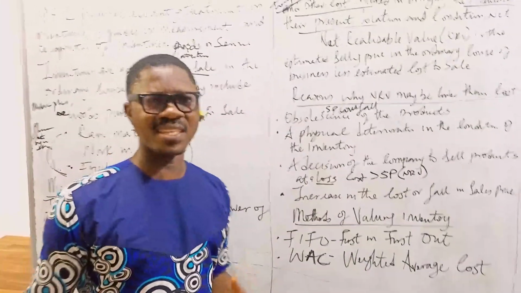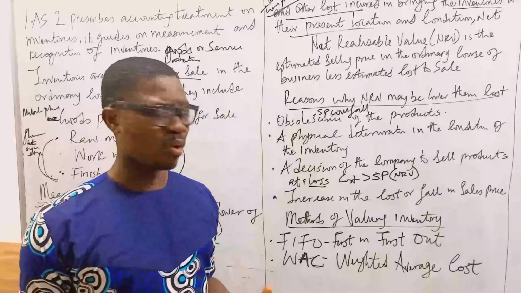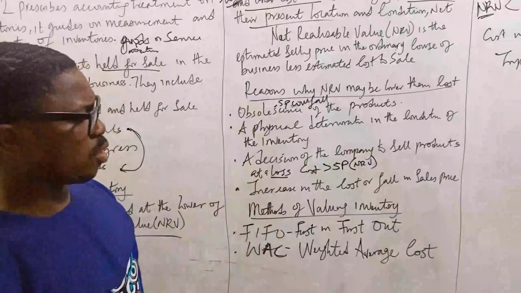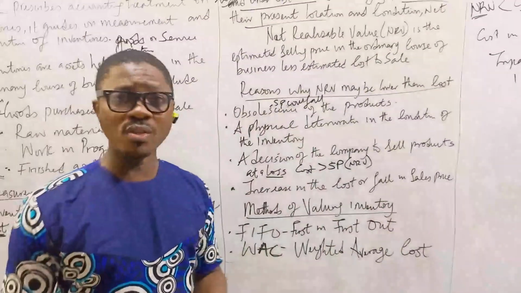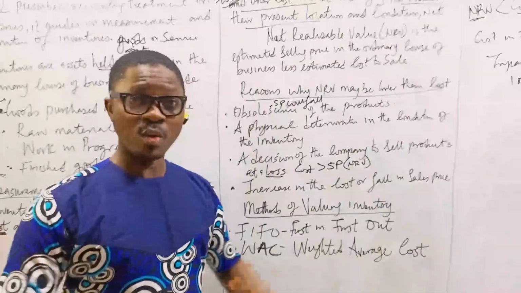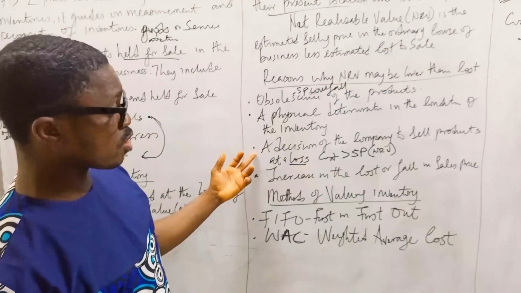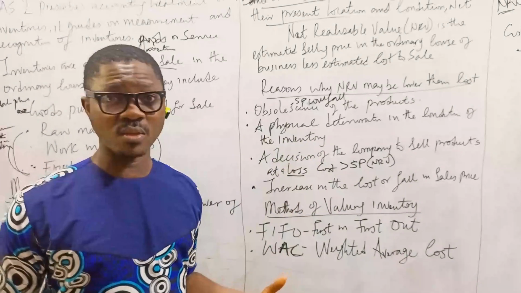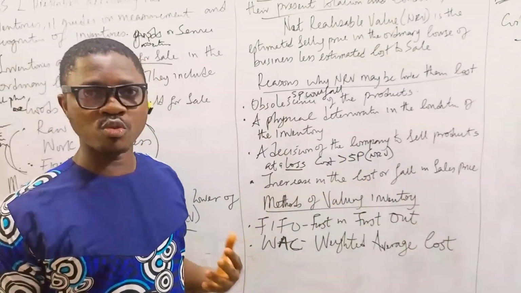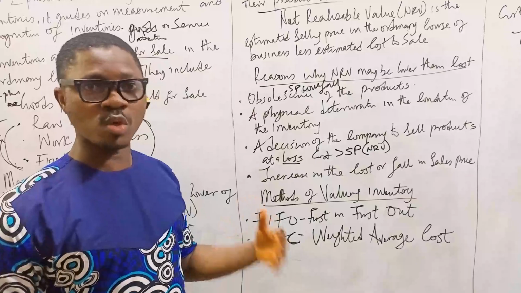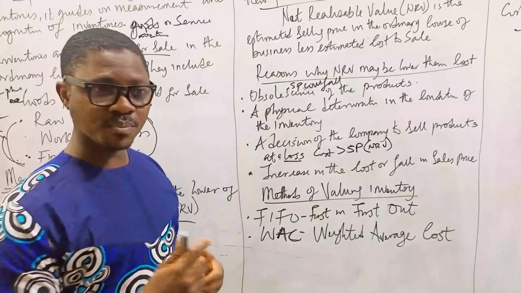Another reason why net realizable value may be less than cost is if there is an increase in cost or a fall in the sale price. Looking at competition, they want to meet up with competition, like this decision of the management of the company to sell at a loss.